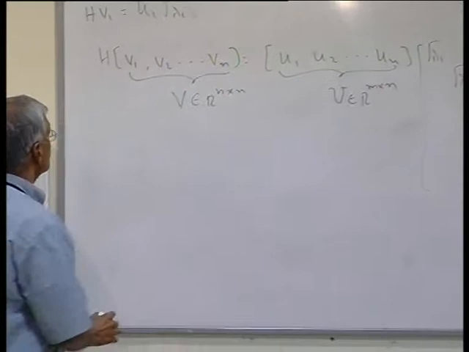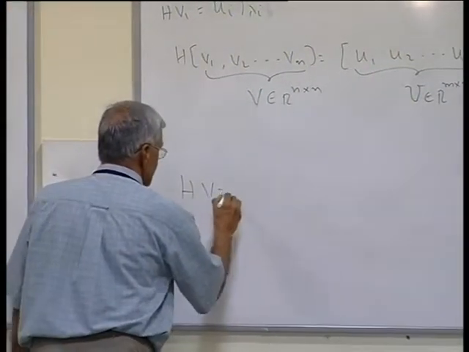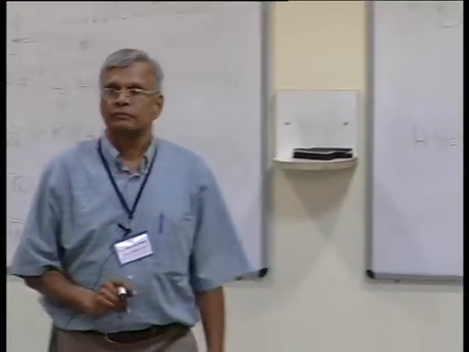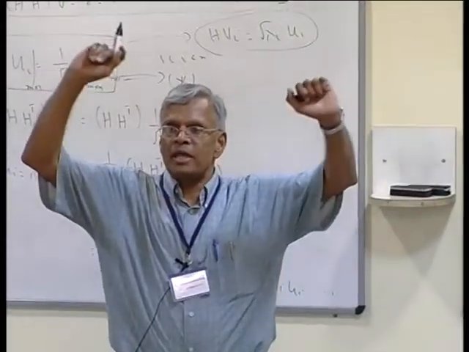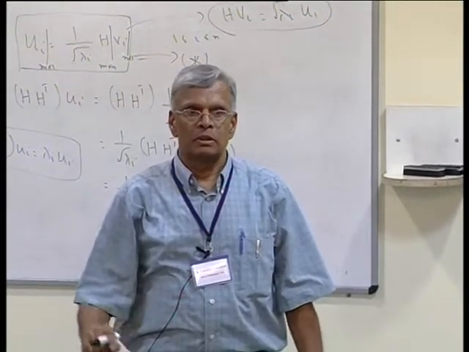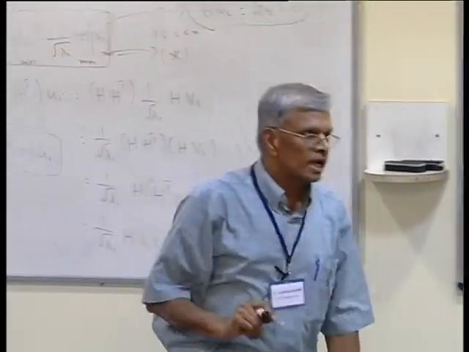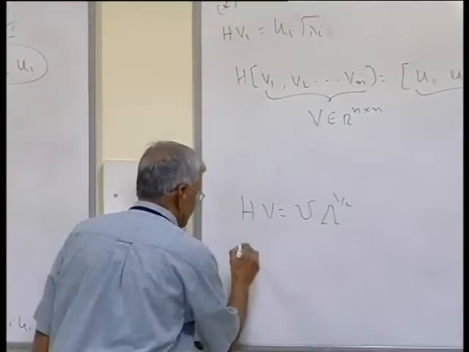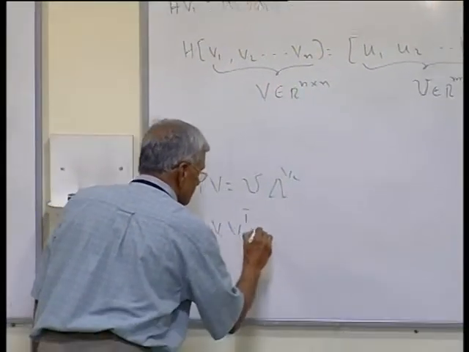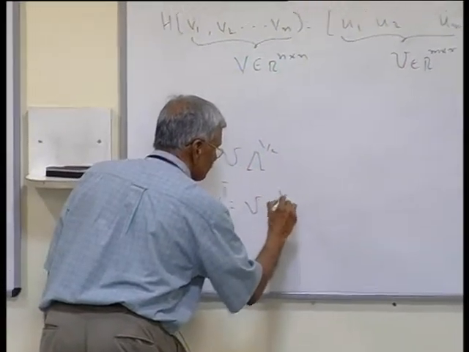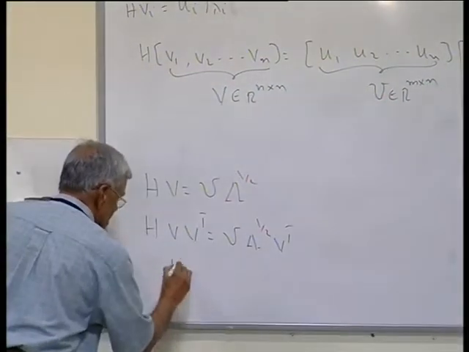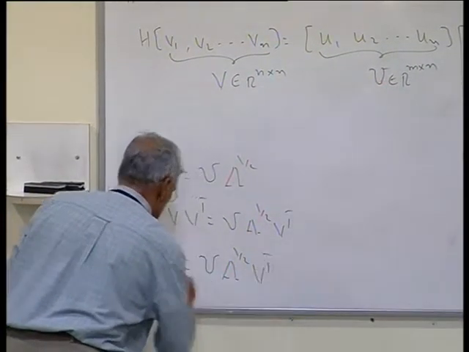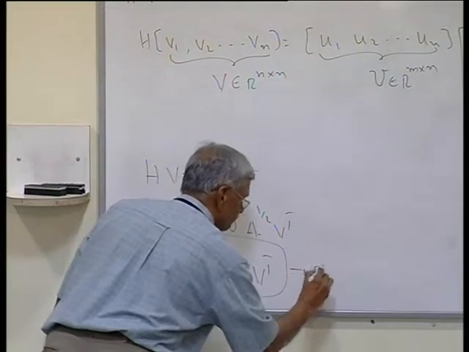Everybody? Therefore, HV is equal to U lambda to the power half. How many of you have an aha here? Are you with me? Good. So multiply both sides by V transpose. This is I. H is equal to U lambda to the power half V transpose. This is called SVD.